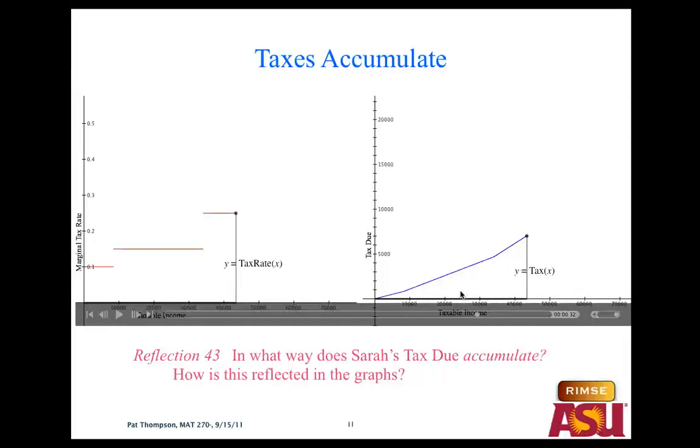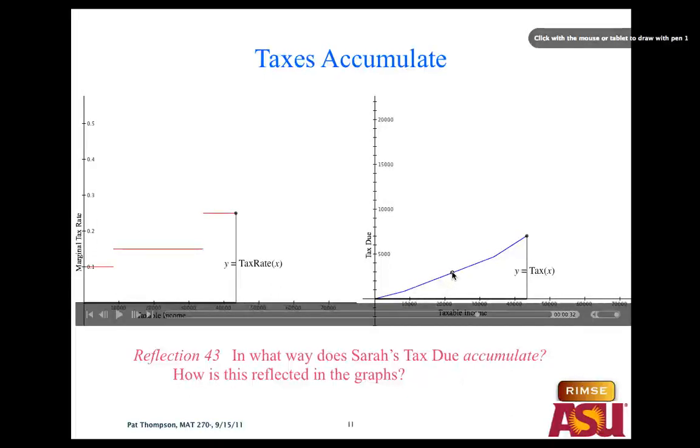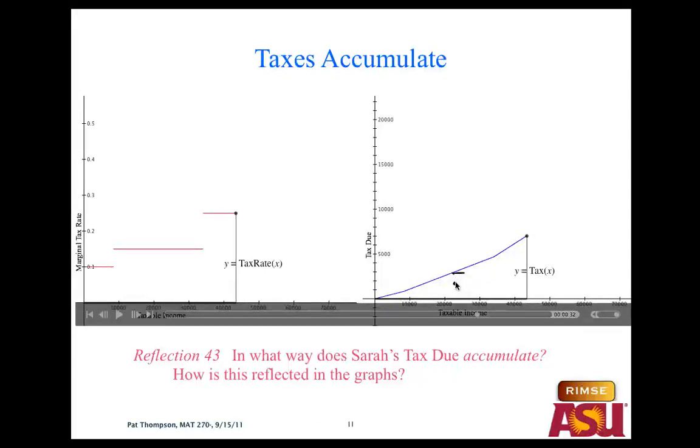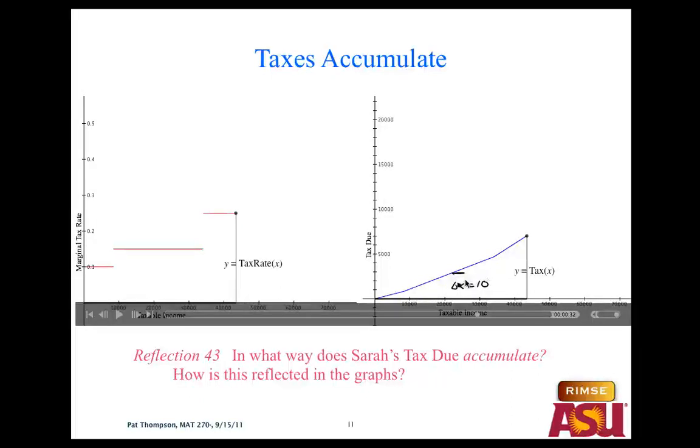So for instance, say I'm right here, and I'm going to make $10 more. How can I represent that? I made $10 more. Yeah, delta x, right? So if delta x is 10, what happened to my tax due when I made $10 more?